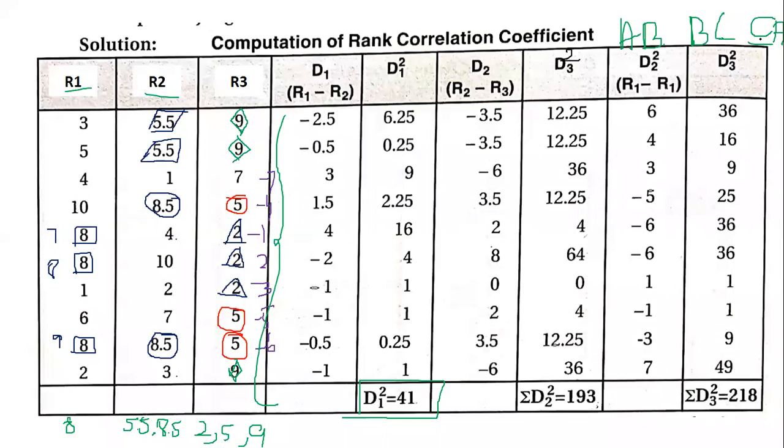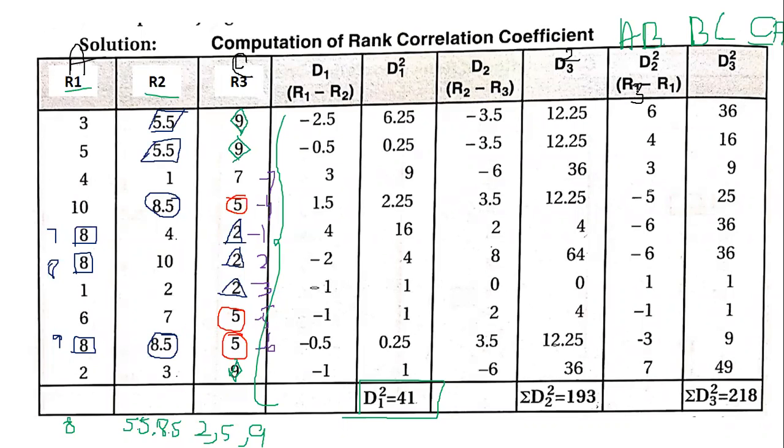Then coming to the last combination, that is judge C. That is R3 and R1. Okay. So if you see here, they have taken it as R3 minus R1, because it is C first and then A. So C is R3 and A is R1.